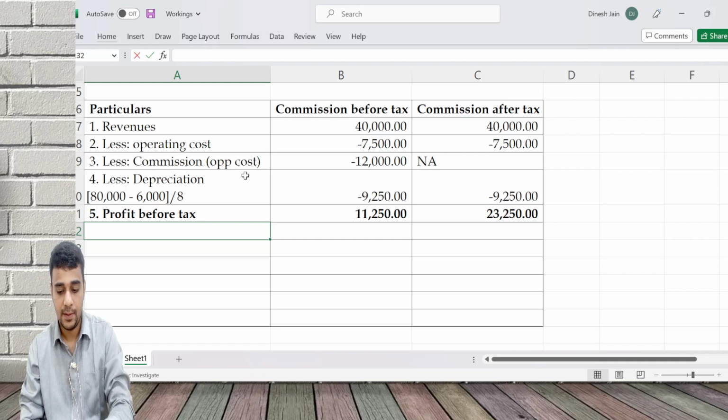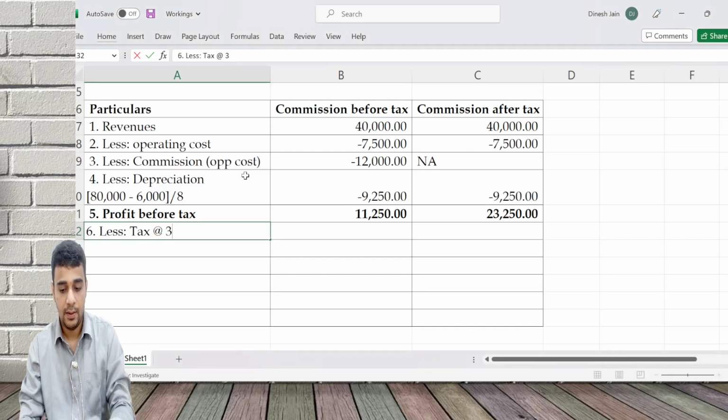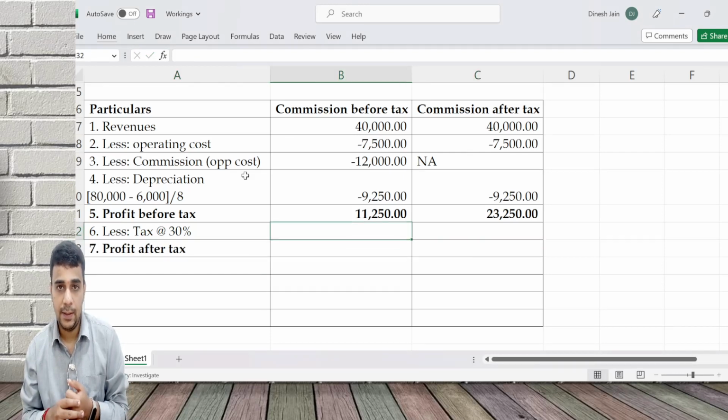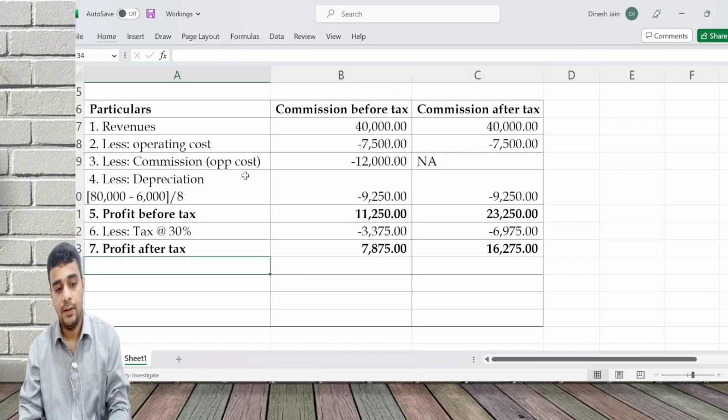PBT less tax at 30% gives profit after tax. Commission I'll factor in sometime. Profit after tax, add back depreciation, that will also happen.